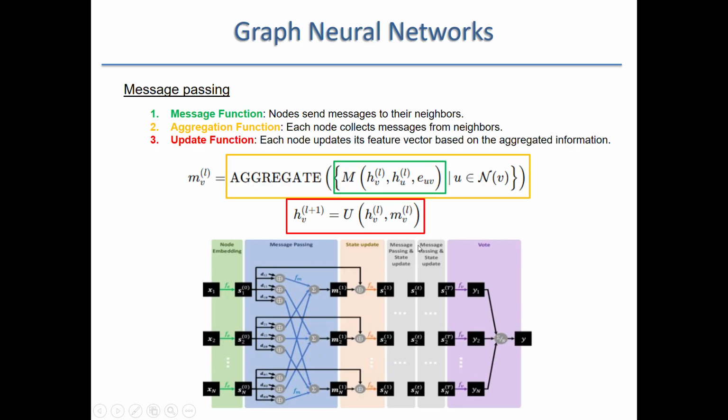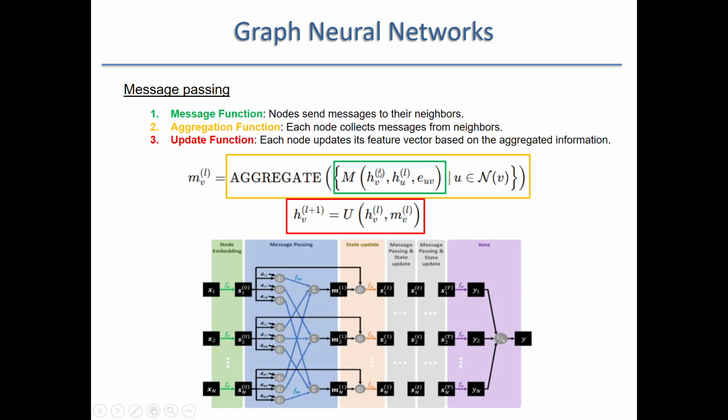In this kind of graph neural networks, the ones that we will explain are called message passing. In message passing, the node V receives messages from the connected nodes.